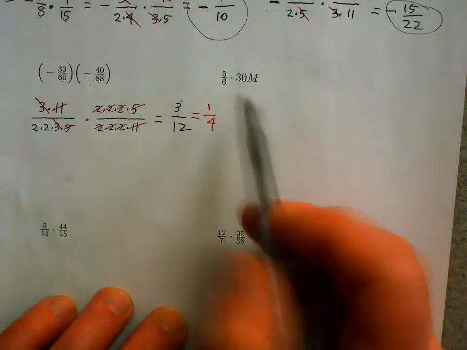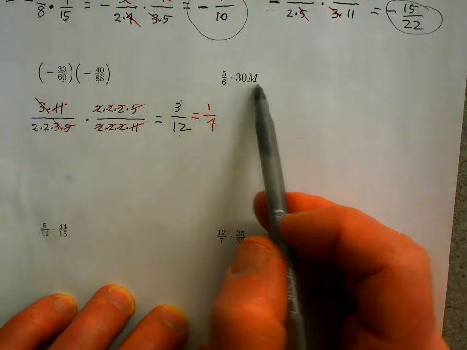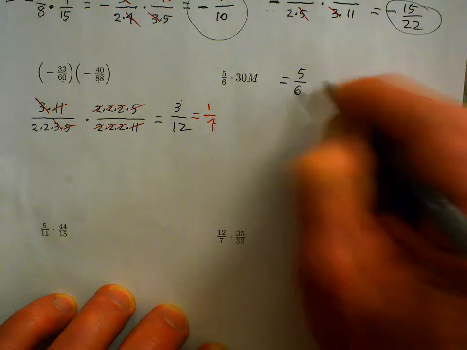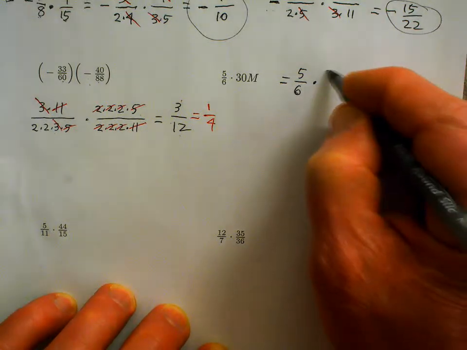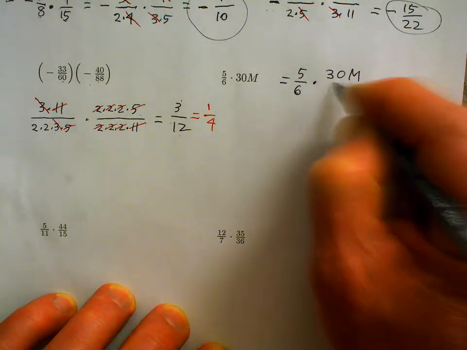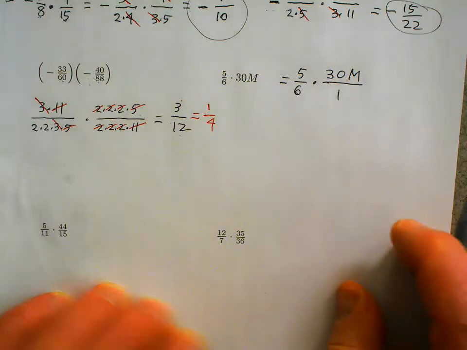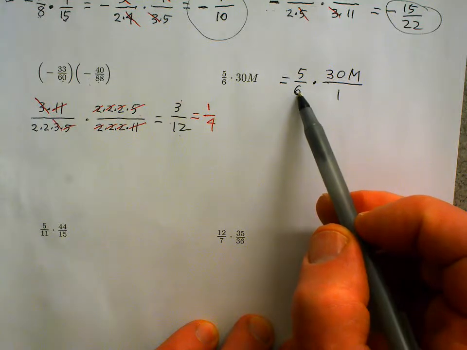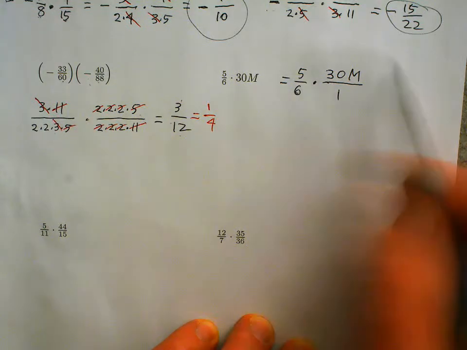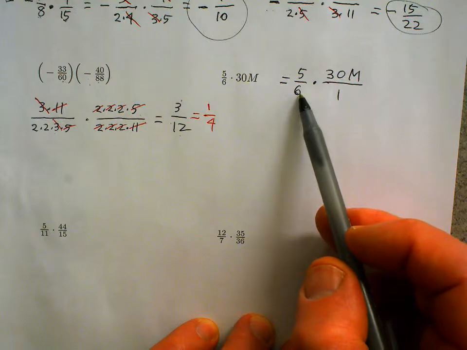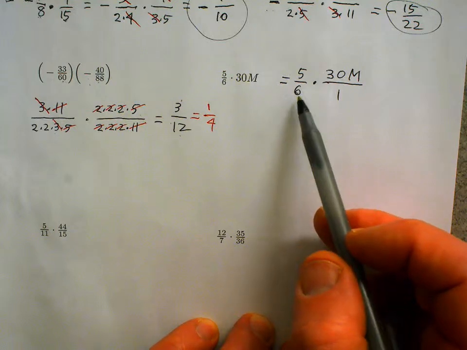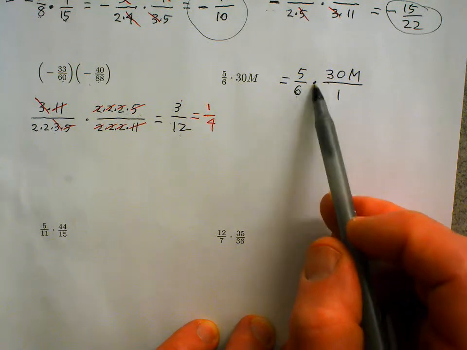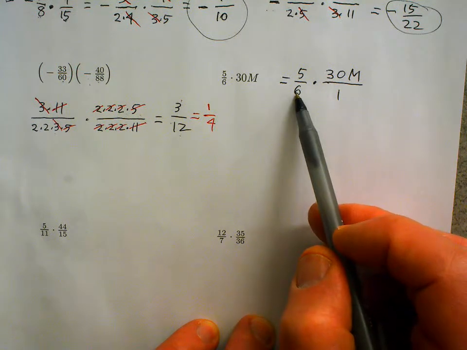Okay, the next one, 5/6 times 30m. On this one, we can think of this as 5/6 times 30m over 1. And then with some practice, you can develop some shorter methods. So we notice that in the denominator, we have a factor of 6.